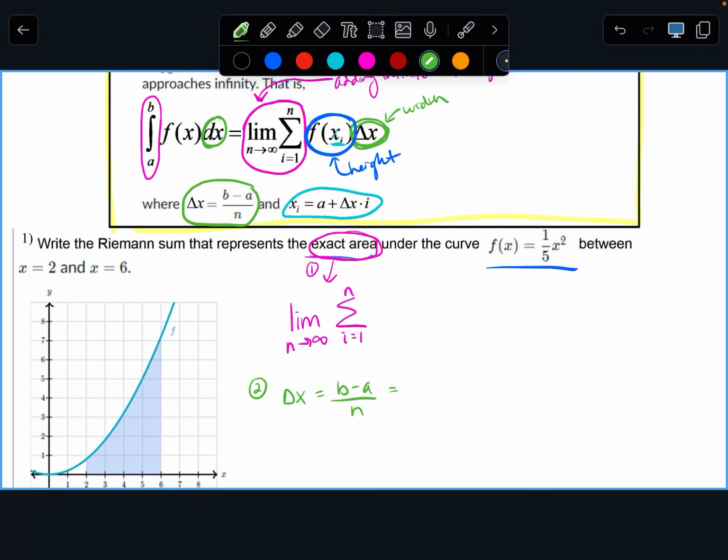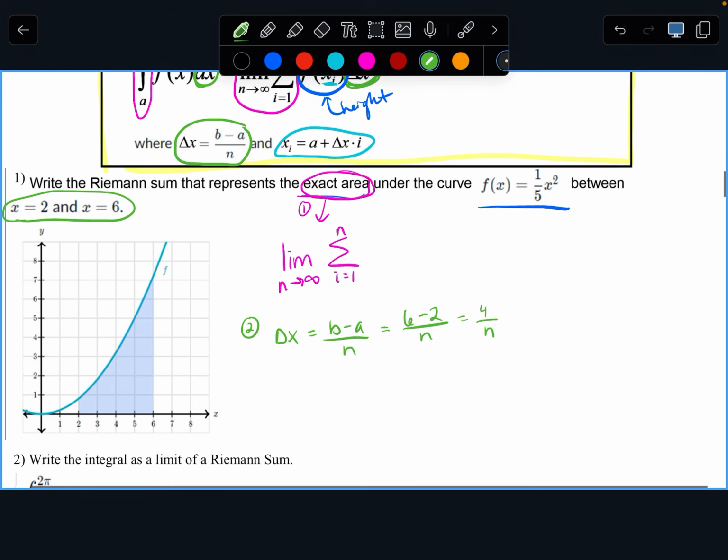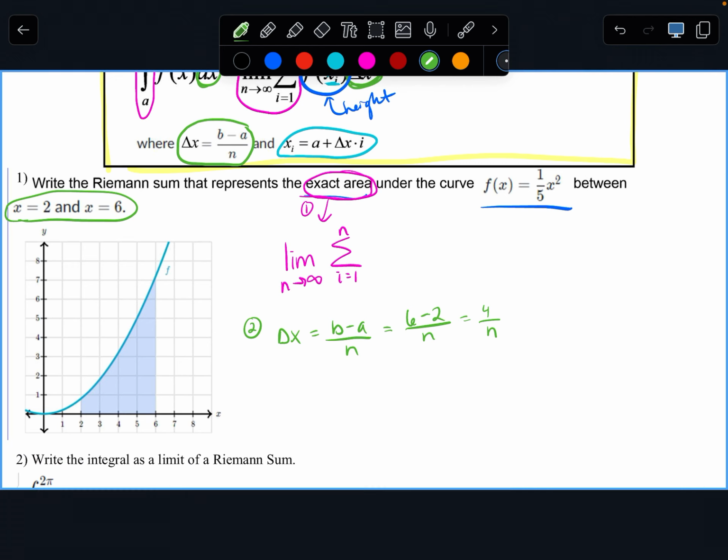If I look at my interval, it is from 2 to 6. So the length of my interval would be 4, or 6 minus 2. And I'm doing n rectangles, so 4 over n. So my width is represented by 4 over n.